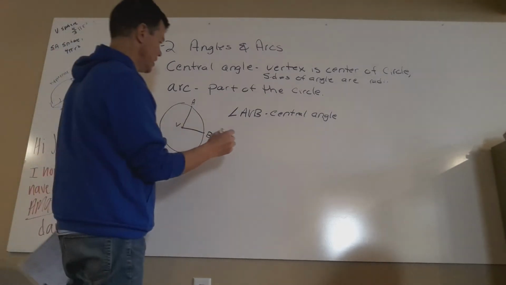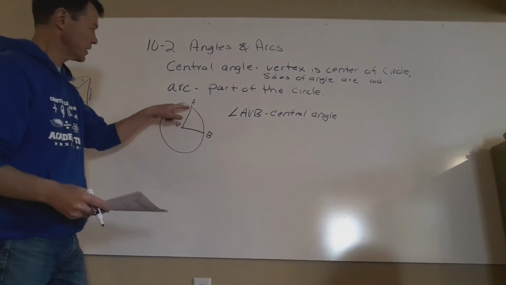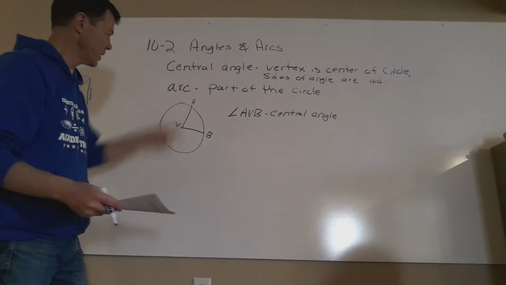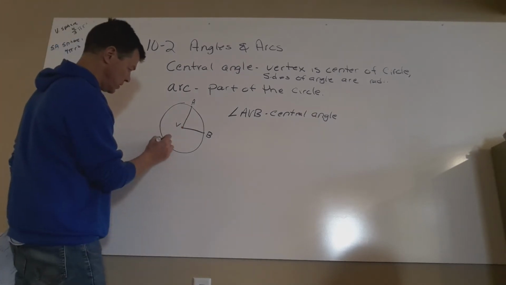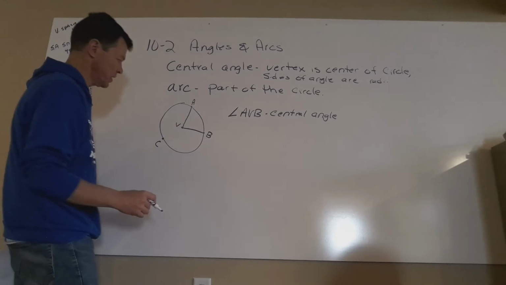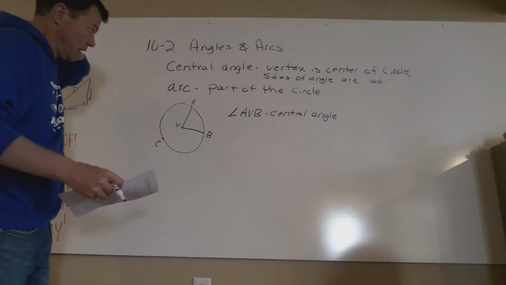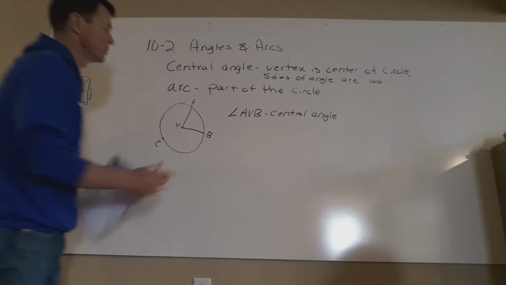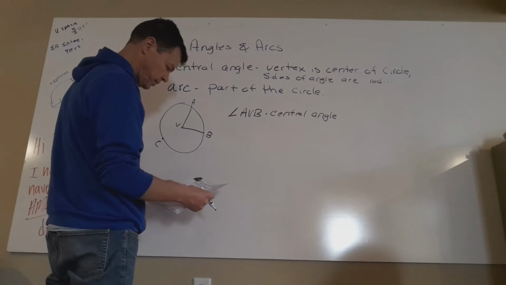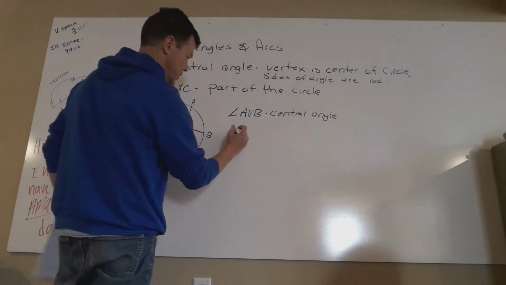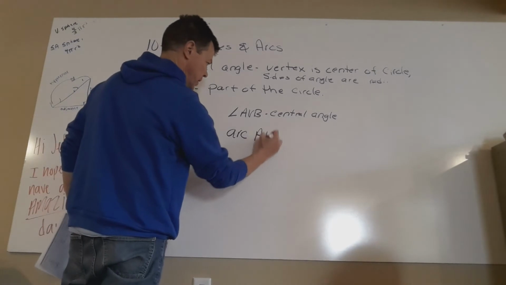And then an arc is just a portion that's on the circle. Like the distance from A to B, that would be an arc. We could also have a point here. I'll call it C. It's just another point on the circle. But anyway, if we're talking about arc AB, you could have it labeled arc AB.